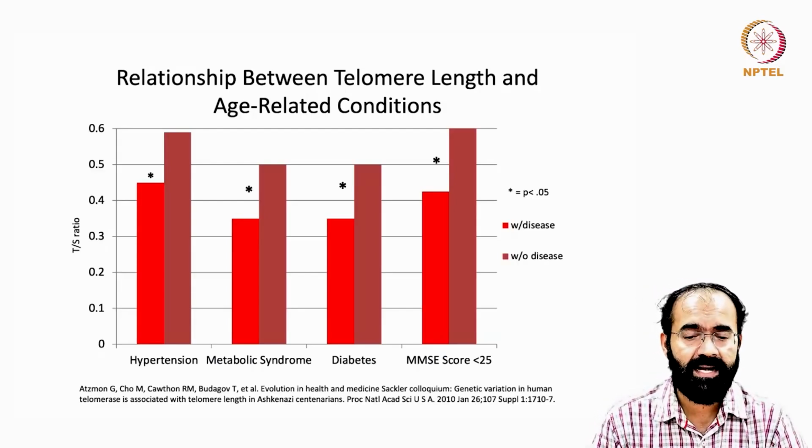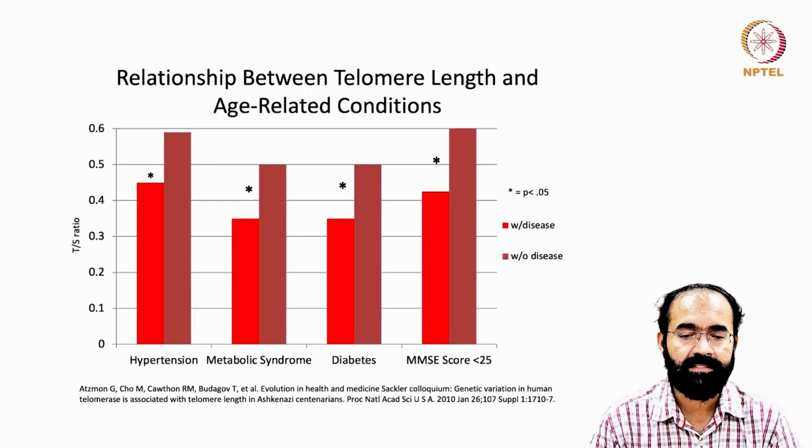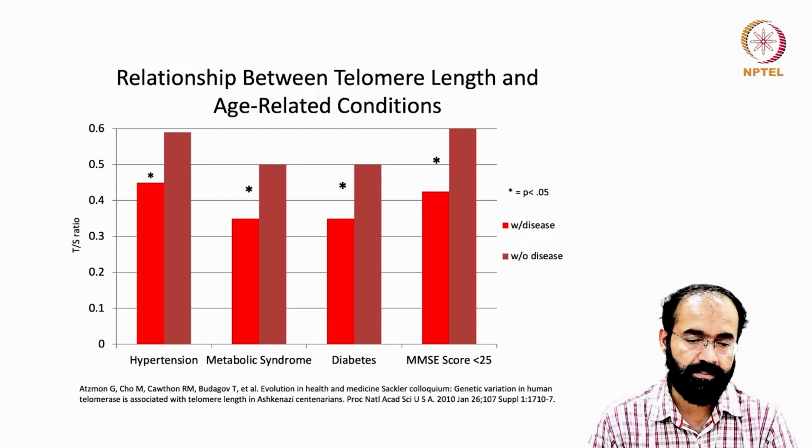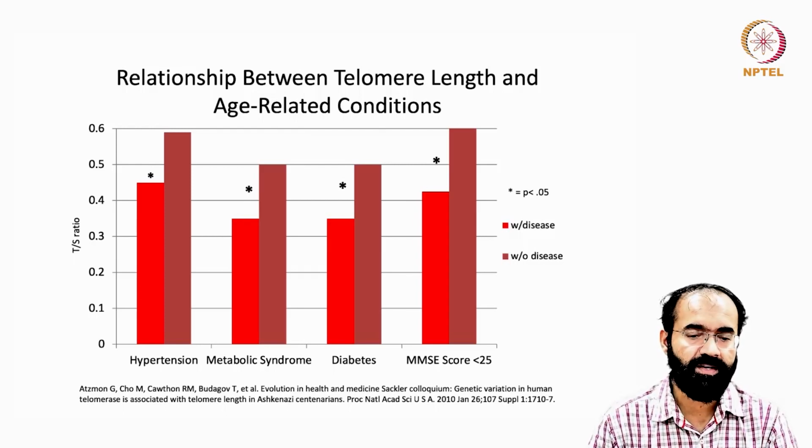So let us see the relationship between telomere length and age related conditions. There is a ratio called TS ratio. We will discuss that in detail. So let us see an example.